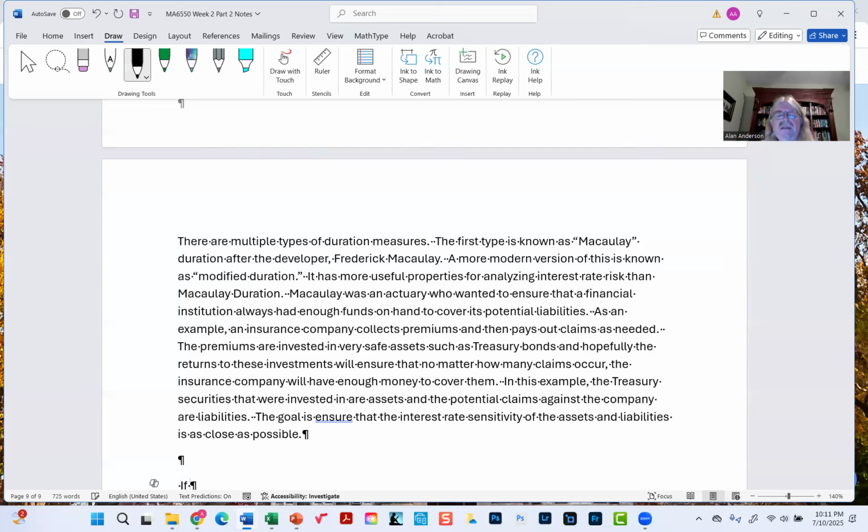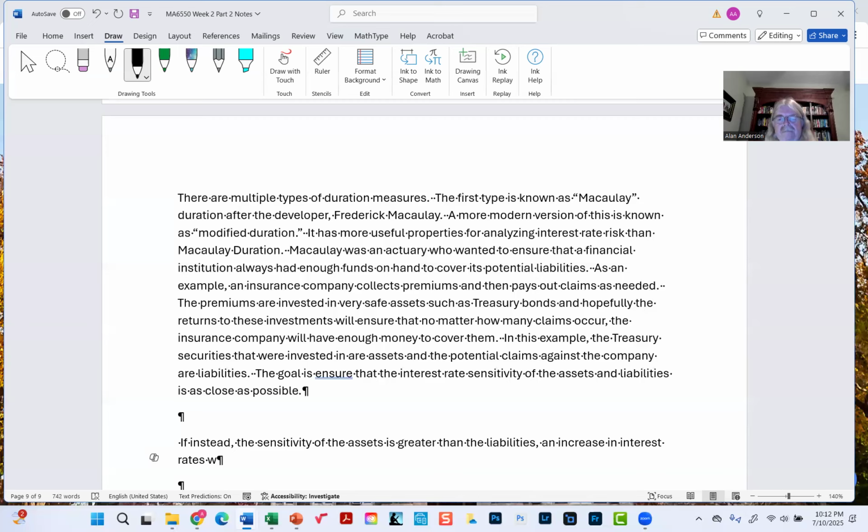So if instead, let's say the sensitivity of the assets is greater than the liabilities, an increase in interest rates will reduce the present value of the assets more than the present value of the liabilities.